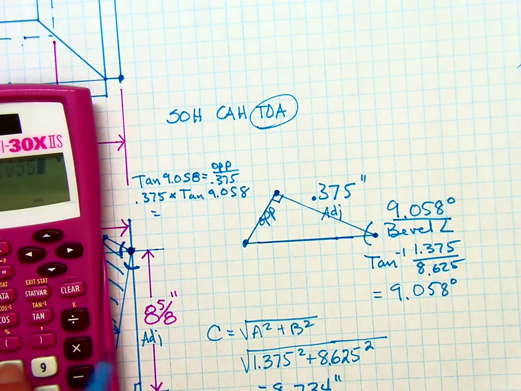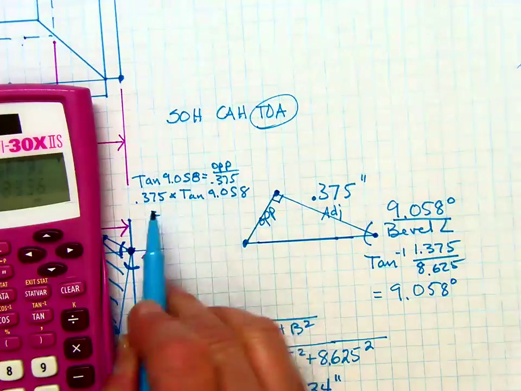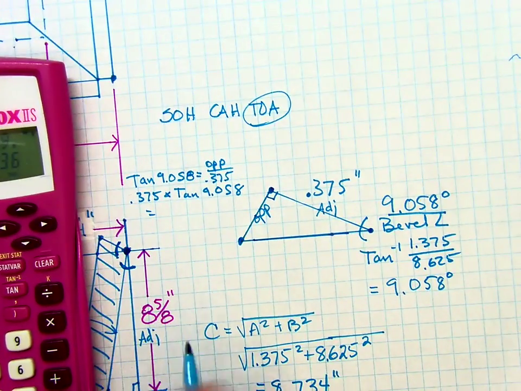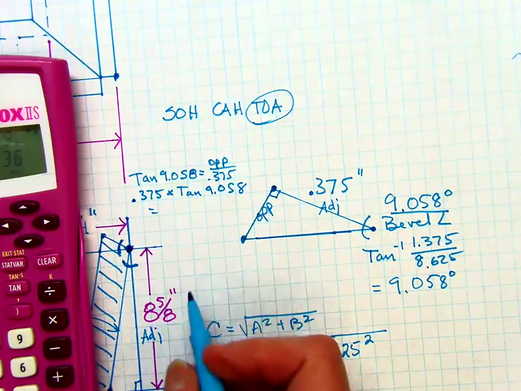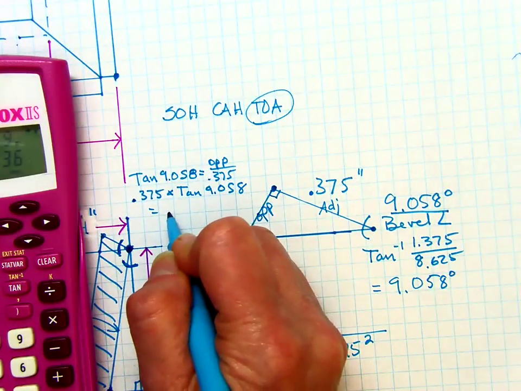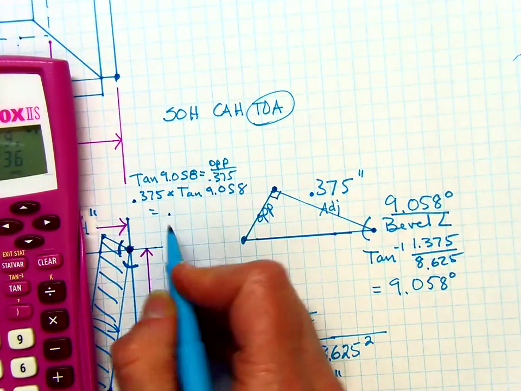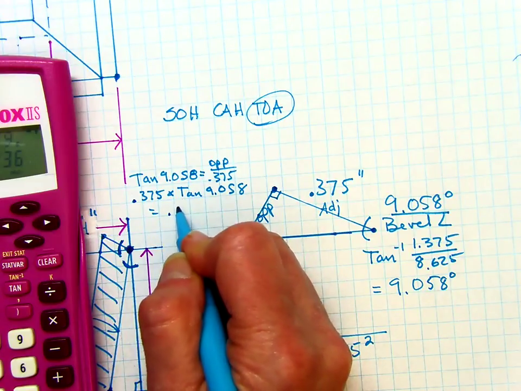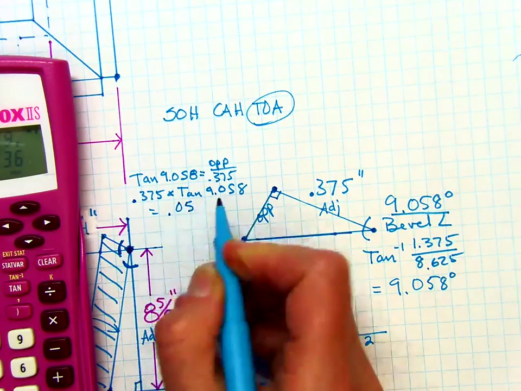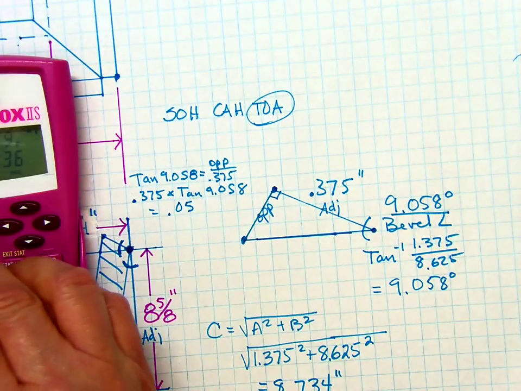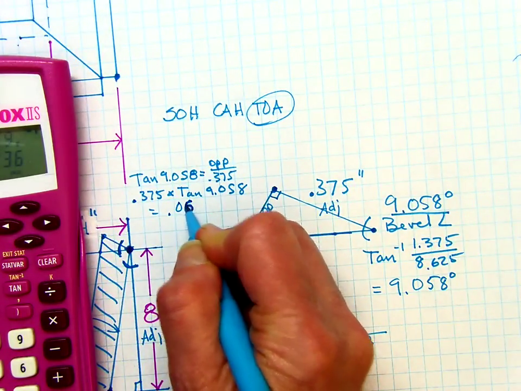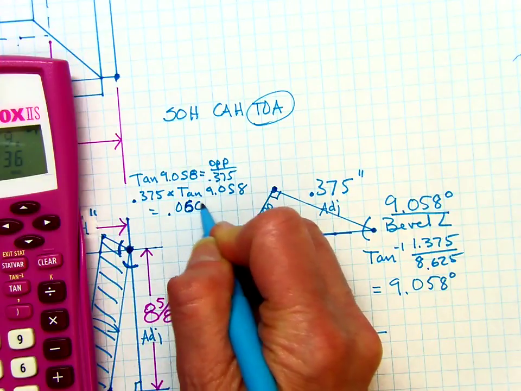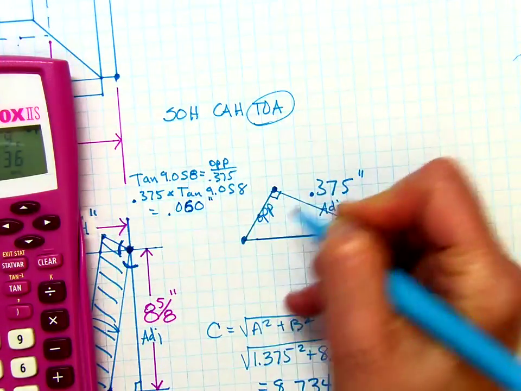If you're not sure about how I'm figuring this out, how I'm setting it up, I made another video you can review on right triangle trigonometry, and I go over different function setups. So you might want to review that if you're still not sure. Now I got 0.0597, so it's actually going to become 0.060. And that's going to be over here.